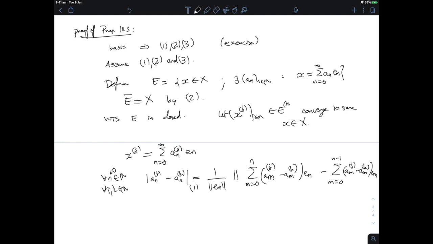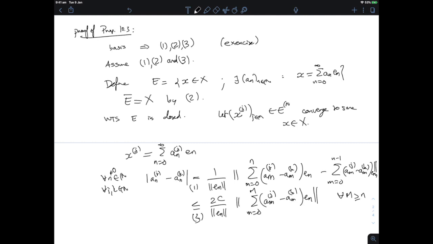You have to treat the case n equals 0 separately, but it's even simpler. So now when I look at this, it's the difference of two sums, one up to n, one up to n minus 1. And so by property 2, this is going to be smaller. Is that property 2? No, it's property 3. It's going to be smaller than 2c divided by the norm of En times the norm of the sum from m equals 0 to capital M of am^j minus am^k em, and that's going to be true for any M that is greater or equal to n.